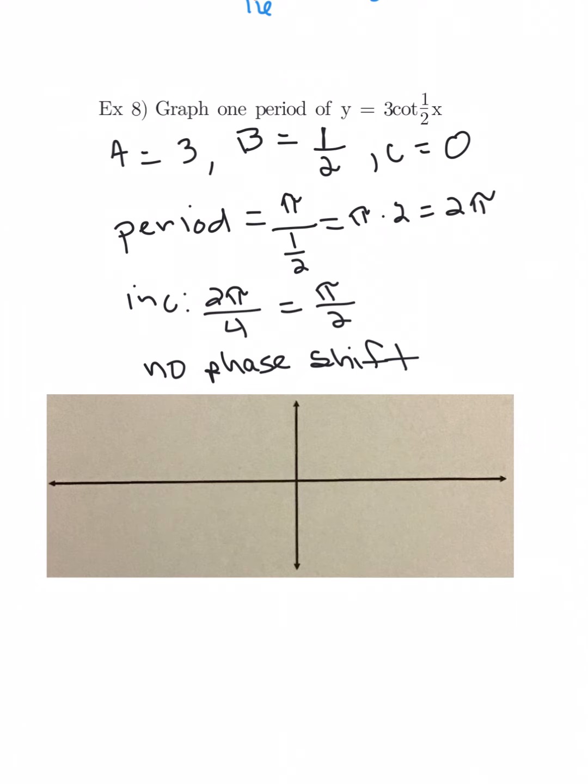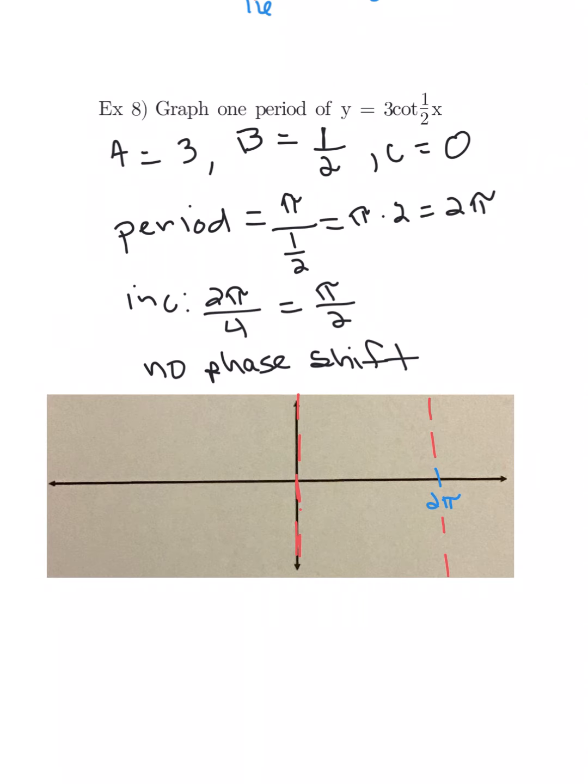We know that there has been no phase shift, and we also know that 0 is a place where cotangent is undefined. So we know that 0 is still an asymptote. Our period length has to be 2 pi now, so that means that the other asymptote has to happen at 2 pi.